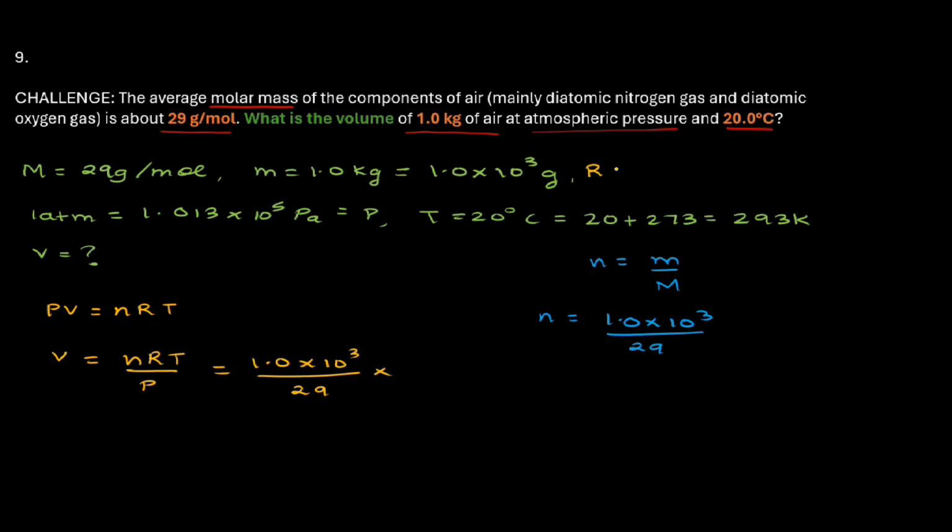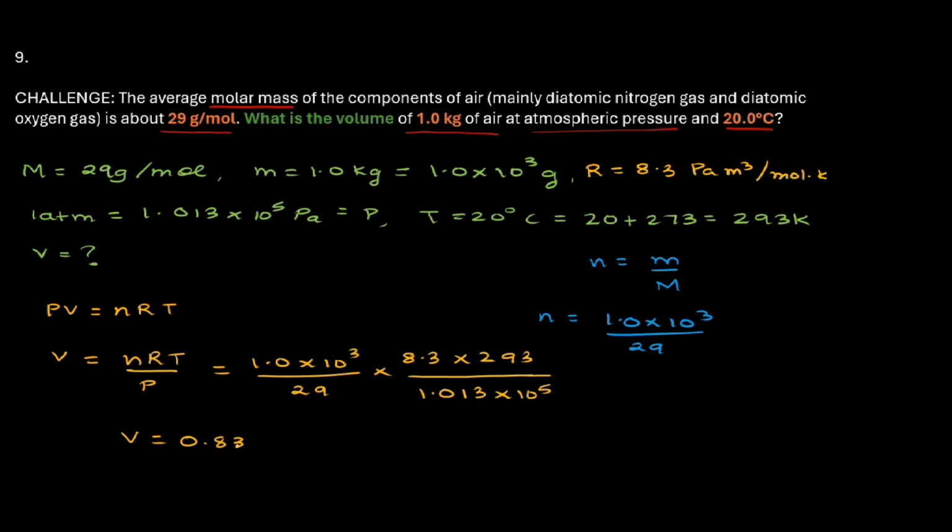R is the ideal gas constant, which is 8.3 Pascal meter cube per mole Kelvin. So I will substitute that for R. I will write 8.3 times the temperature, which is 293, divide by the pressure. Pressure of the gas is 1 atmosphere, which is 1.013 times 10 to the power 5 Pascal. And when you solve this, you get the volume of air V equals 0.83 meter cube.